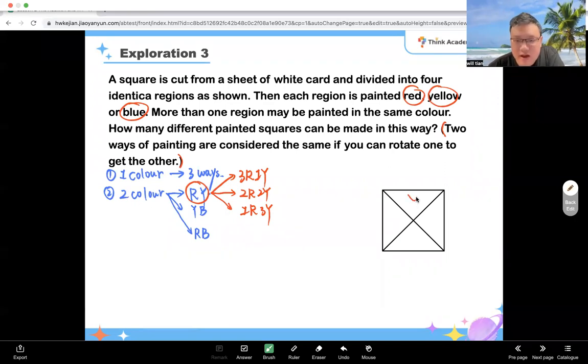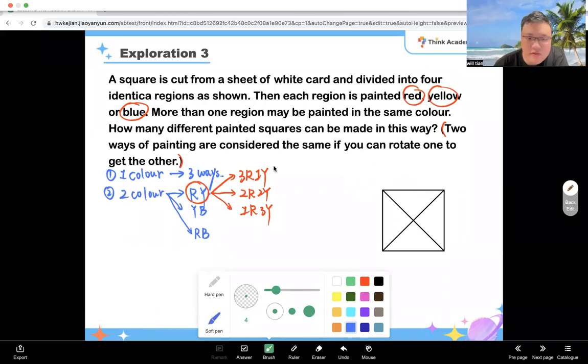That is because if I have this yellow, red, red, red, that's the same as yellow, red, red, red when I do this anti-clockwise rotation by 90 degrees. These 2 will be exactly the same. So I can just count that 1 time. I cannot have 4 different ways or 3 ways to do that. Okay, it's just the 1 way. Does it make sense?